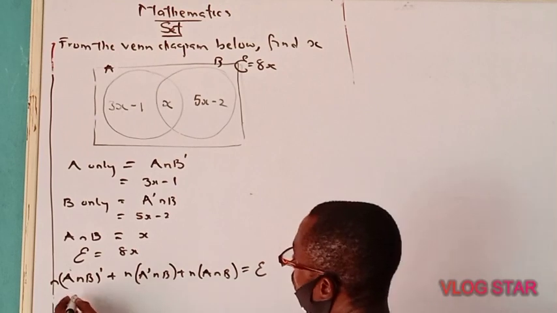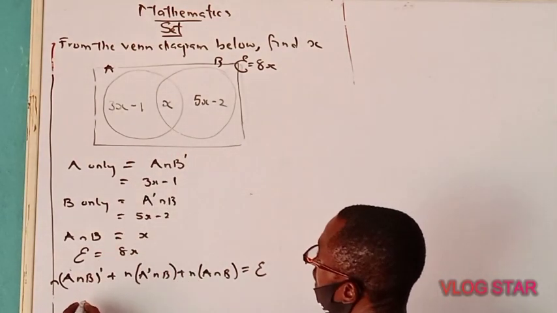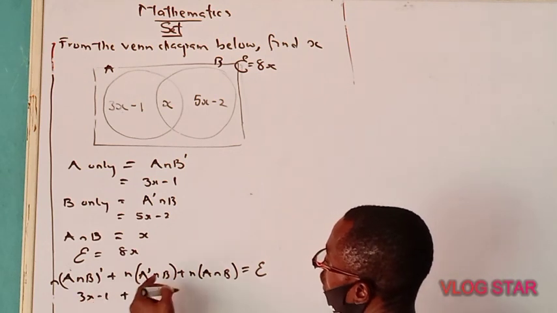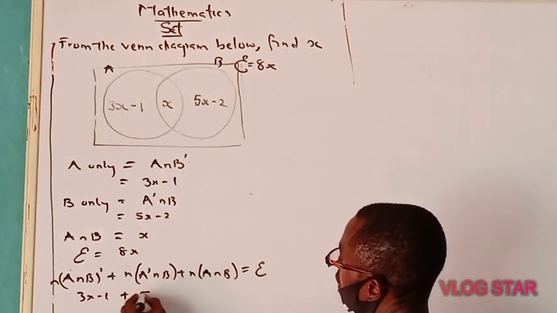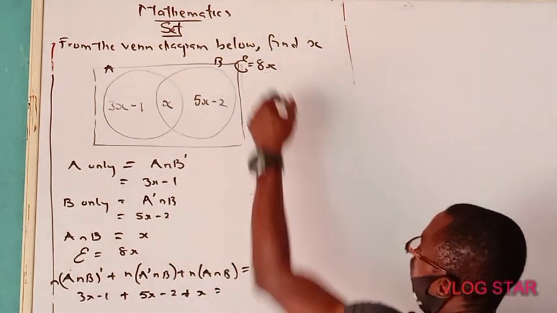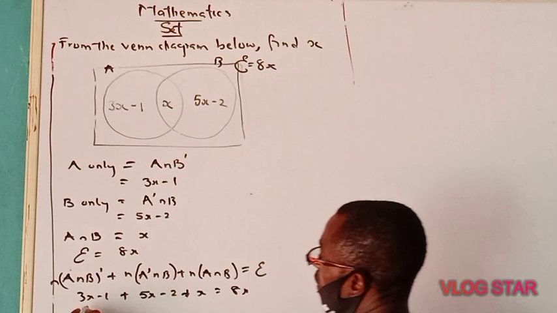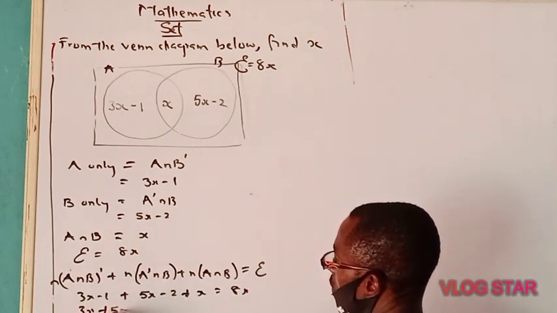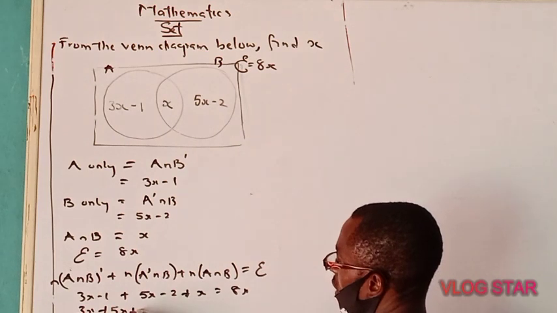Okay, we have this, which is 3x minus 1, plus this one 5x minus 2, plus this one x, equals this one 8x. So we have 3x plus 5x plus x.